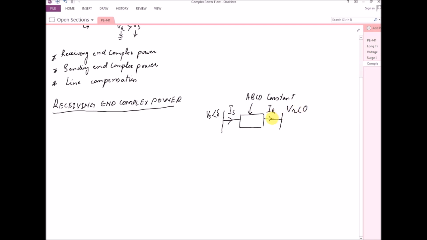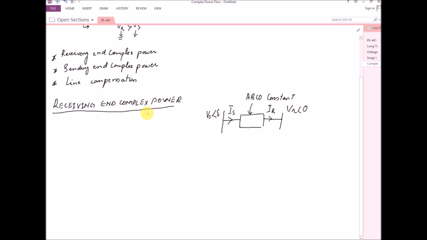So I have represented the transmission line in A, B, C, D constants, and it is a generalized representation. We can represent any transmission line in terms of ABCD constants, whether short, medium or long. So we will be deriving the generic expressions for the receiving end and sending end complex power.